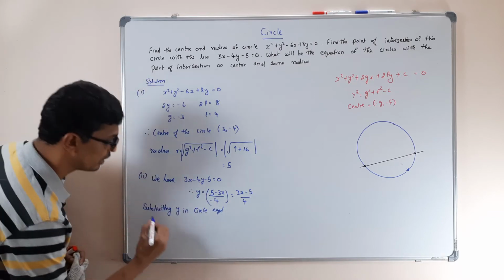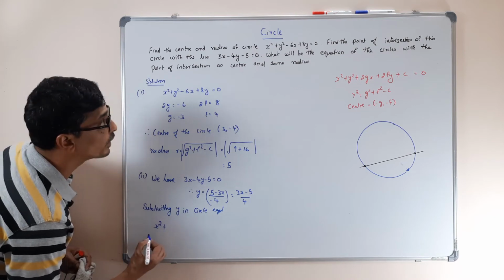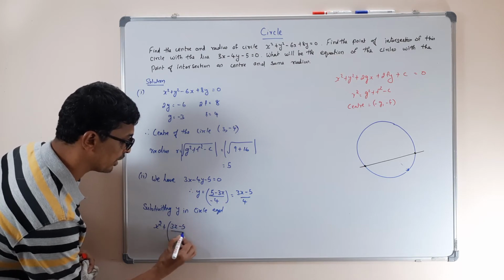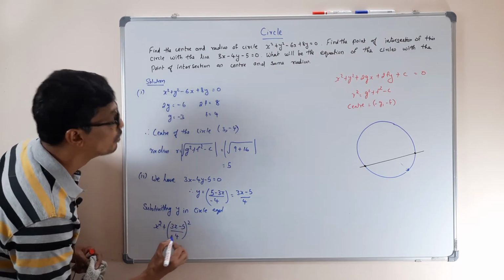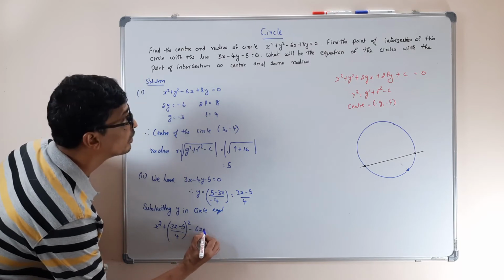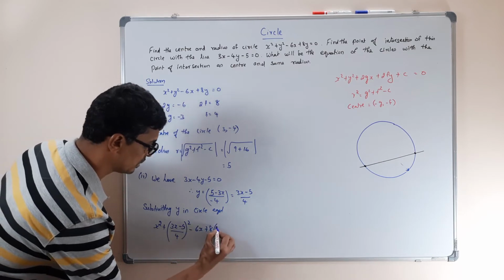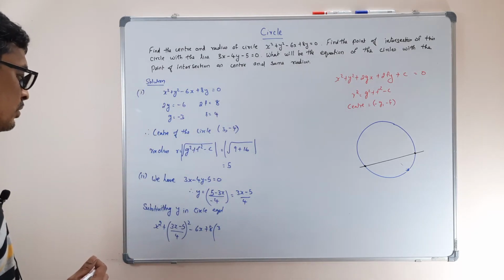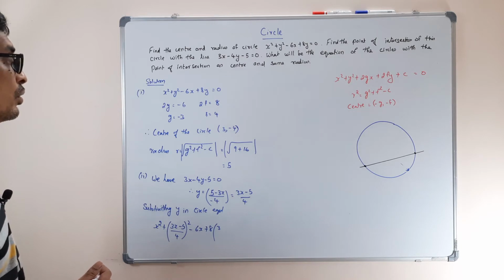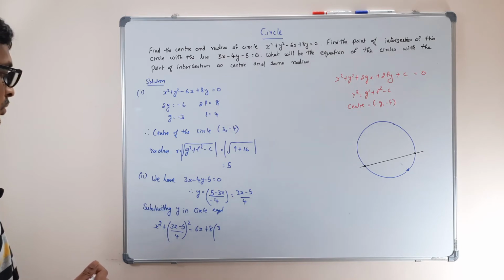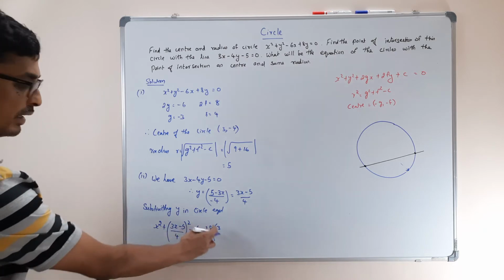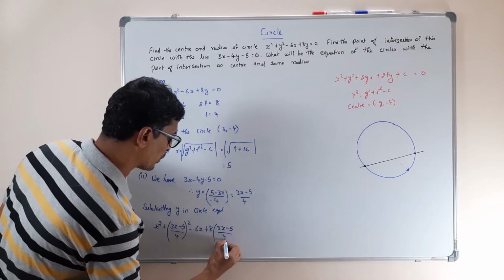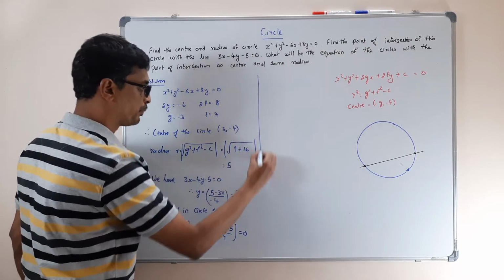So x square plus y square, that is 3x minus 5 by 4 whole square, minus 6x plus 8 into, 2 into 3x minus 5, because 8 and 4 will get cancelled, equal to 0. Okay, so let us solve this.